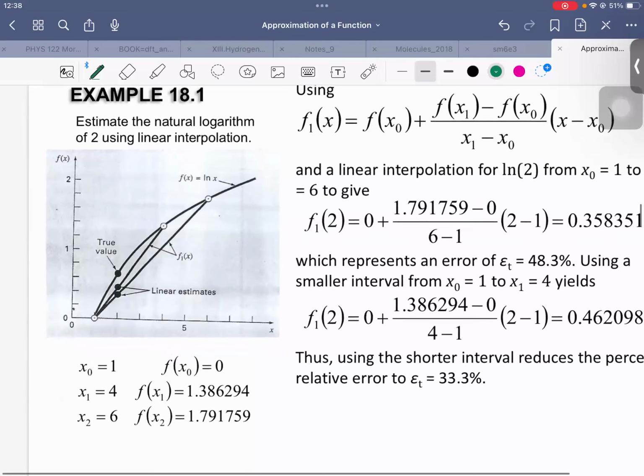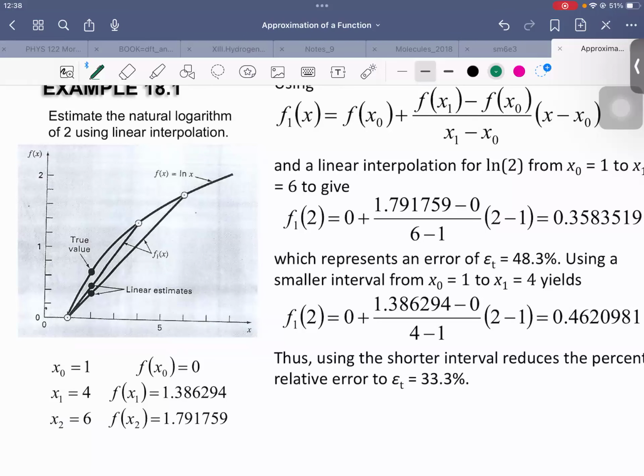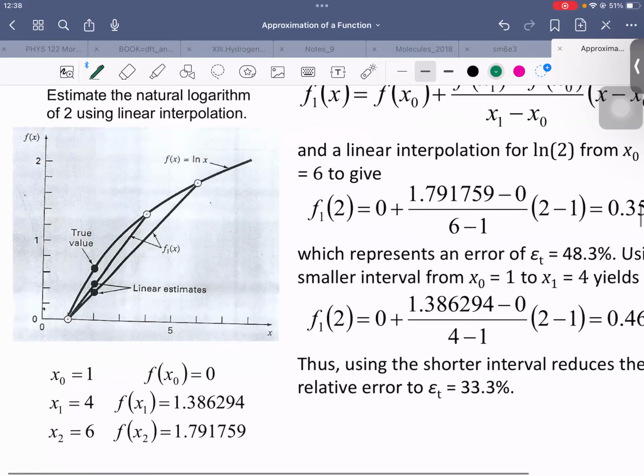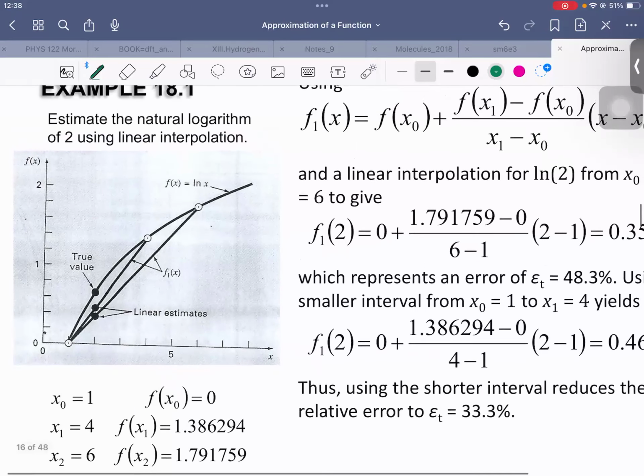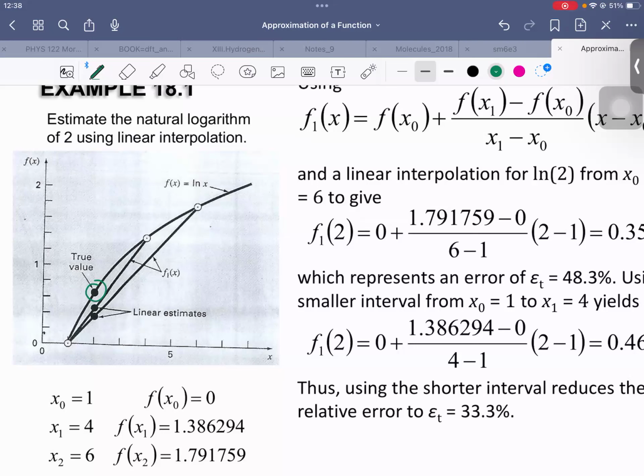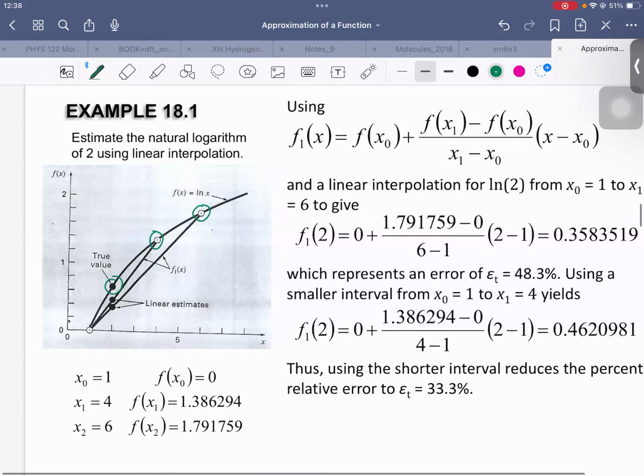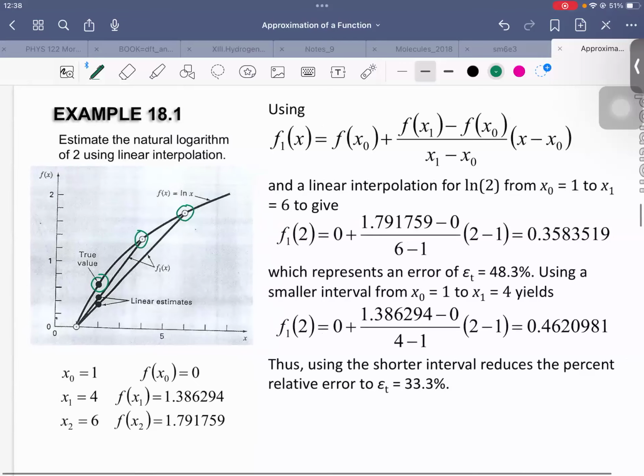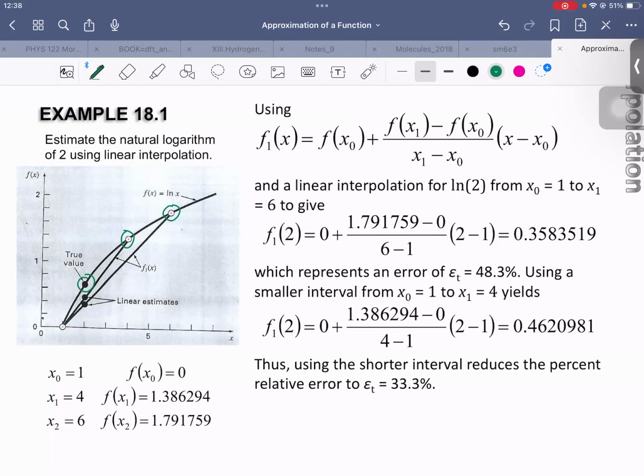So yung black lines, sorry, the true value are, in this case, this one, okay, this one, and this one. So it looks like parang natural, yeah, this is natural logarithm nga, tama. Logarithm of 2. So it says here.